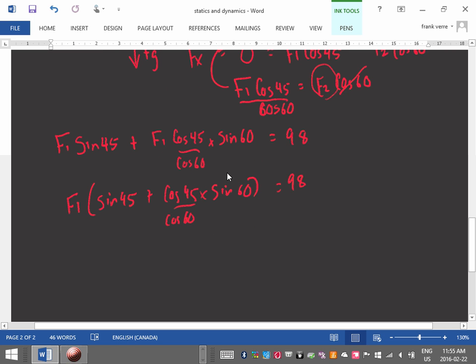And then if you want, we could divide all of this on the other side, or you can just go ahead and work it out. I leave it up to you how you want to do it. Let's just work it out.